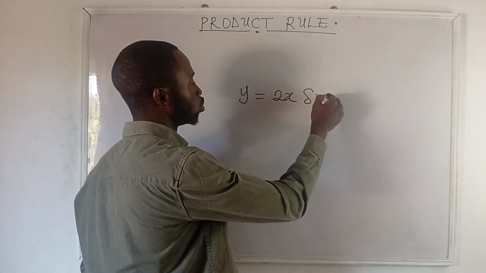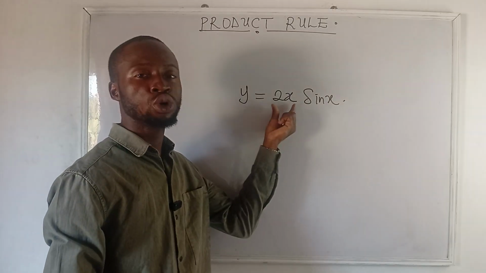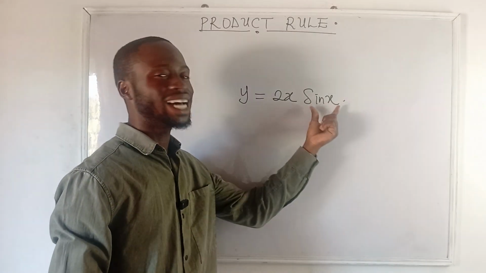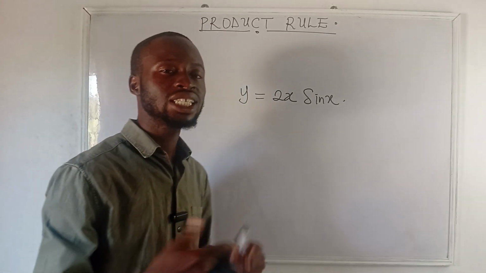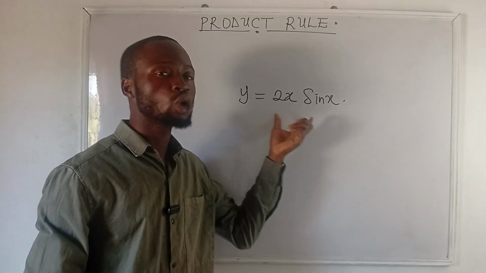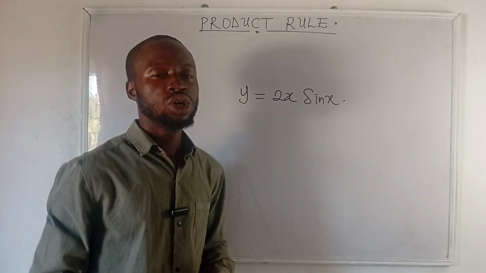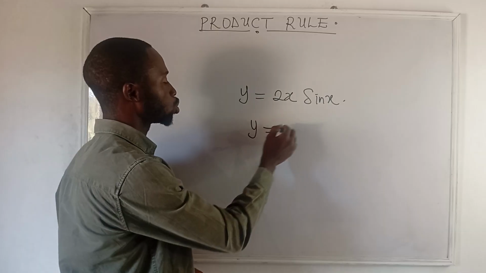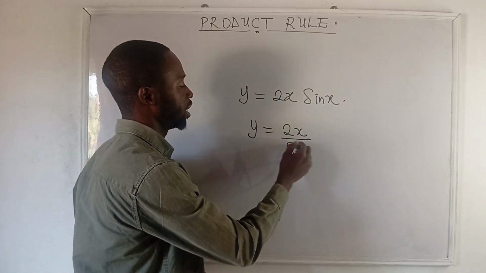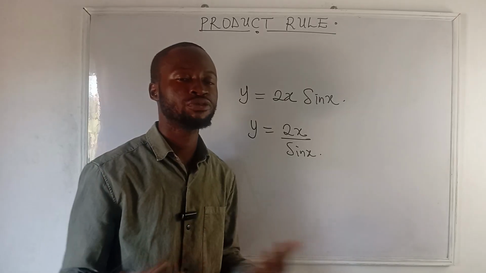So that I have y equals the product of a function and another function, then that is telling me that this kind of question I solve using the product rule. In a case where I have a question like y equals 2x over sine x, this is a different thing entirely, because this is not a product of functions.